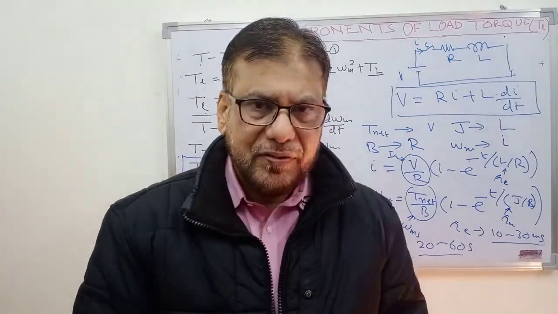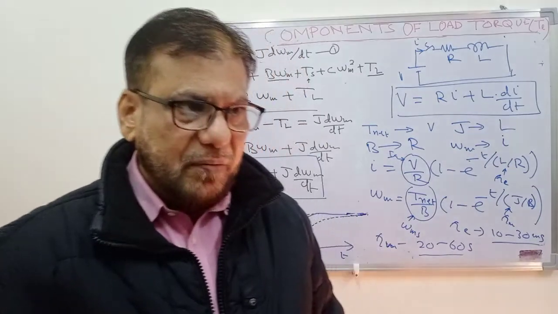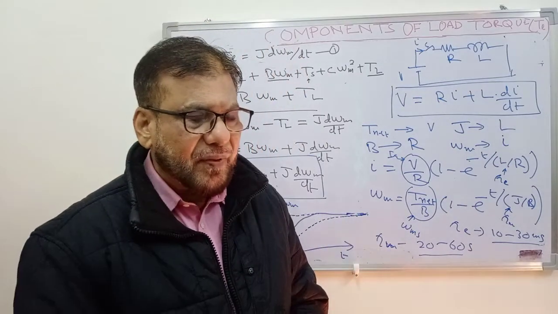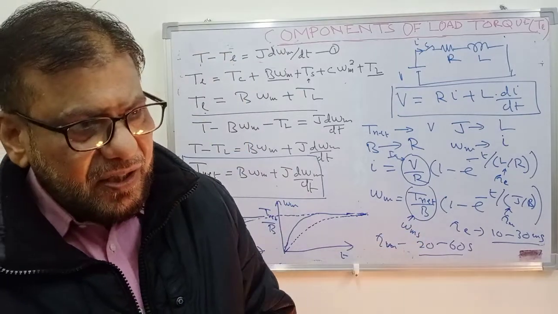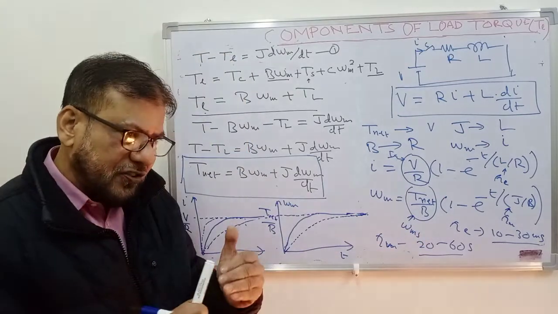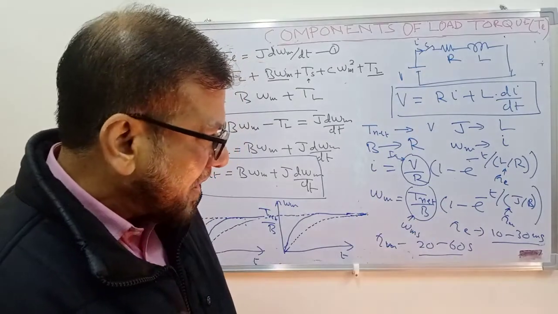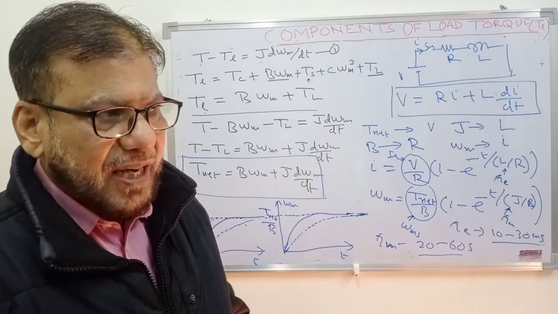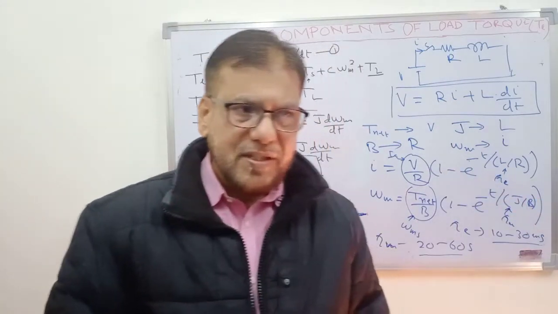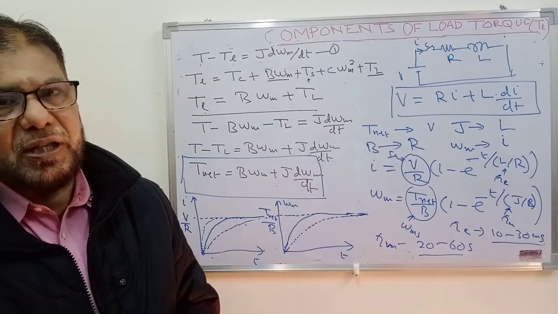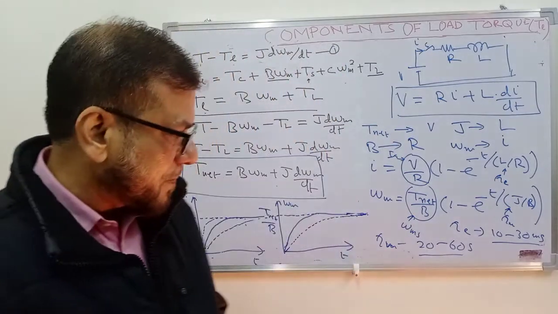Because of those losses, heat is generated, the motor's temperature starts rising, and finally the motor reaches a certain steady state temperature rise. This rise in the temperature of the motor takes a longer time, and the constant that governs the rate of rise of that temperature is called the thermal time constant, which we shall discuss in the later part of this unit.